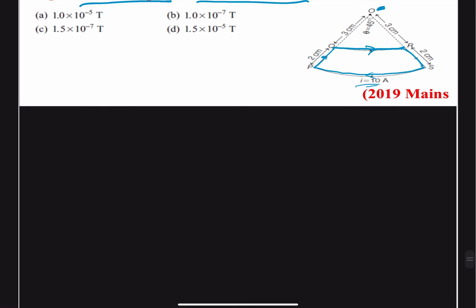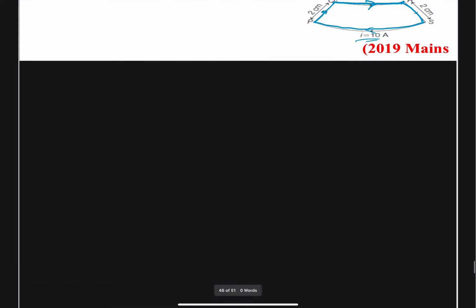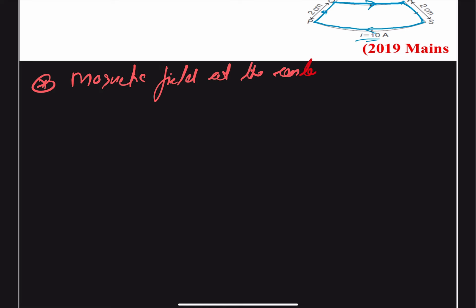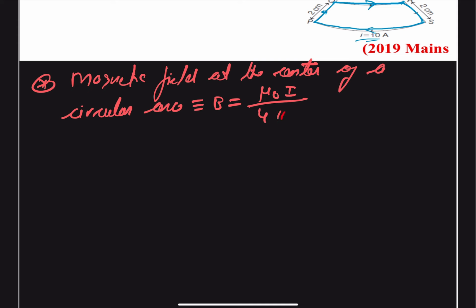So we can say magnetic field at the center of a circular arc, that is our B is equal to mu naught I upon 4 pi r multiplied by theta, where theta is the angle subtended by the arc at the center.